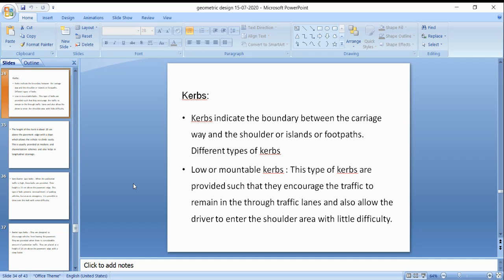In that, low or mountable curbs are just like a step between the footpath and the road.